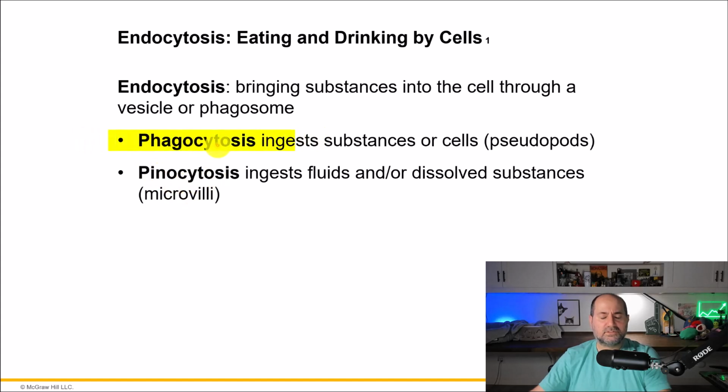Phagocytosis is cellular eating, pinocytosis is cellular drinking, and this is the way that substances are brought into the cell in bulk, right? Endocytosis is a type of bulk import into the cell.